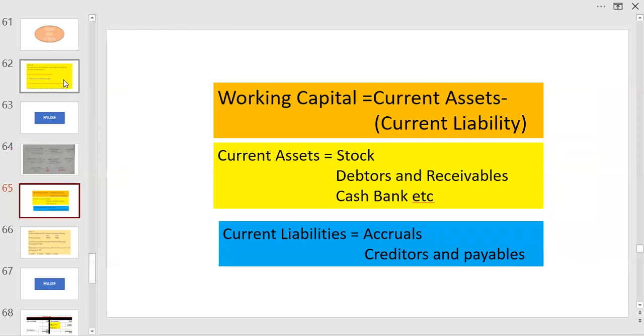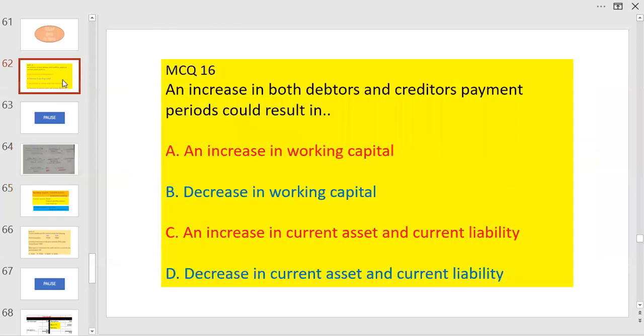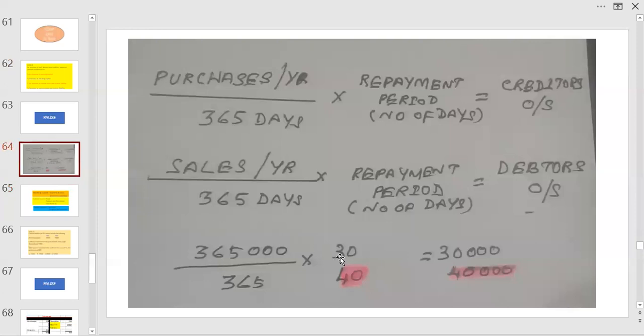Now we'll go back to the question to see how we can answer. Now they say an increase in both debtors and creditors payment period. As we have already discussed and understood, if these increase, quite naturally the outstanding will increase. So if the creditors repayment period is increased, the creditors outstanding will be more. If the debtors period increases, then the debtors outstanding will be more.